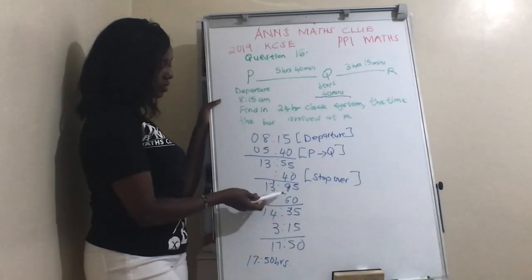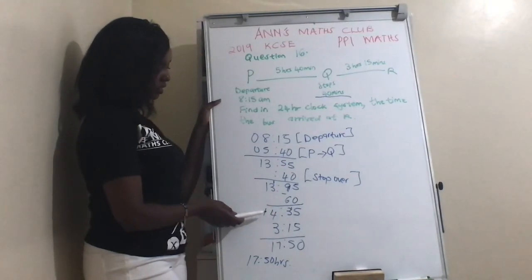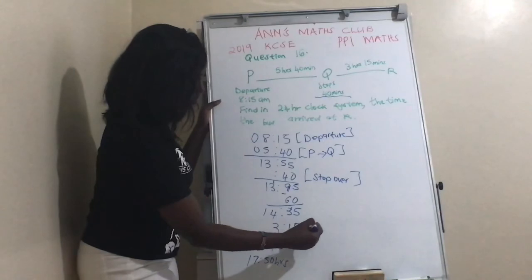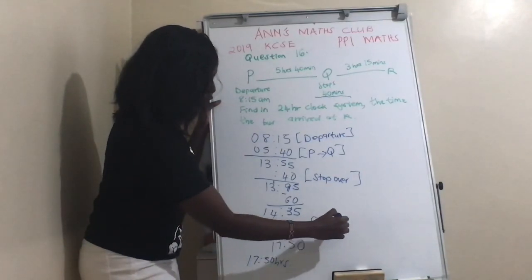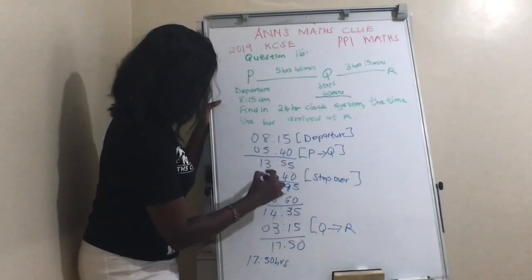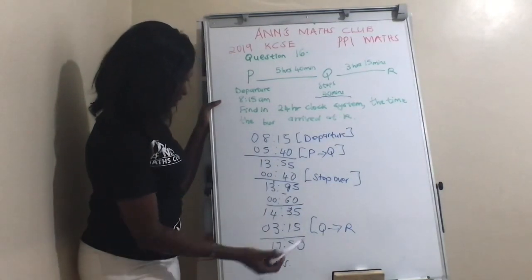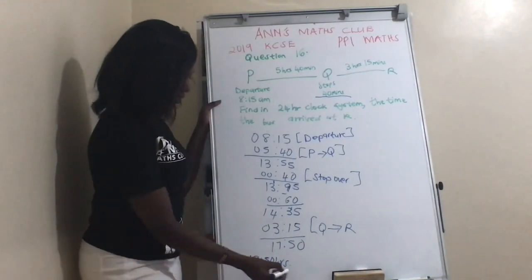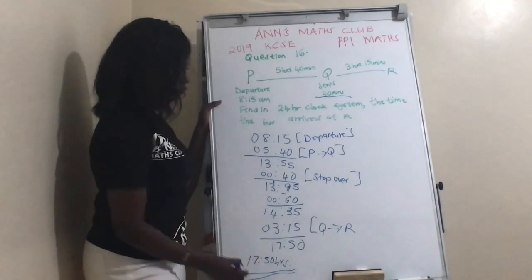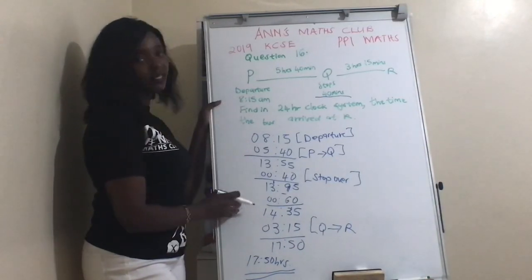So we take away 60 and we are left with 35 minutes, and the one gives us 14. Now again from town Q to R, we see that it arrived at 17:50 hours. So this is how you were expected to do the question, just reading through the question carefully and going step by step.